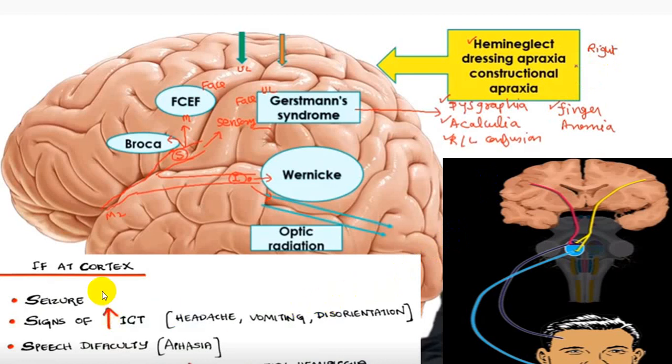And we already mentioned that if there is damage to the cortex, you will have seizures, headache, vomiting, and disorientation will be quite common, and Broca's or Wernicke's aphasia will be equally common. And you will have a differential hemiplegia, where the upper limb will be more involved or the lower limb will be more involved. We already mentioned that if you get an MCA territory, the face and upper limb will be more involved, and if you get an ACA territory, the lower limb will be more involved.